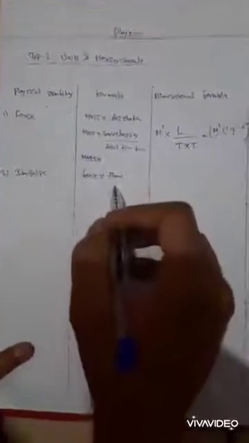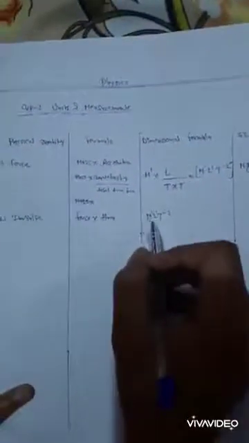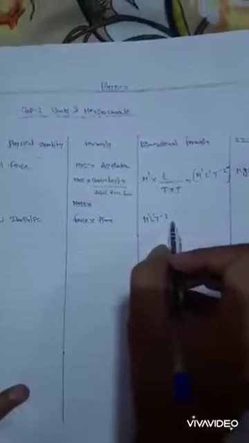So the formula of impulse is force into time, and we know the dimension of force, that is M1 L1 T minus 2, and we will multiply it with T1.